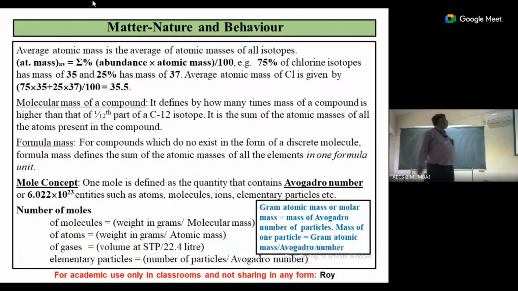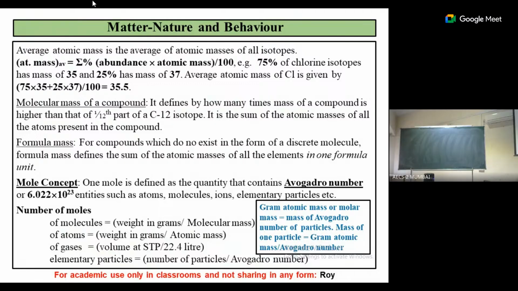The average atomic mass is the average of atomic masses of all the isotopes, and it is found by summing up the percentage of atoms into the atomic mass of individual isotope and then dividing it by 100. I have given an example, that example of chlorine almost.